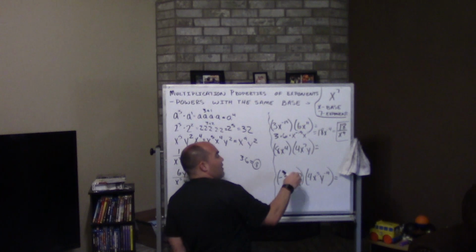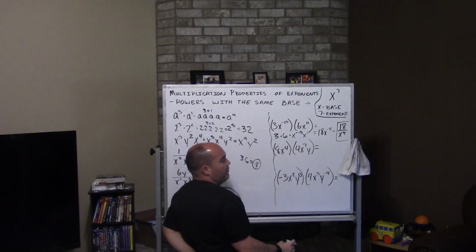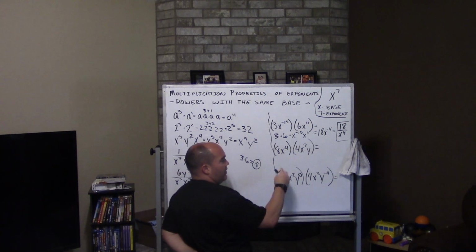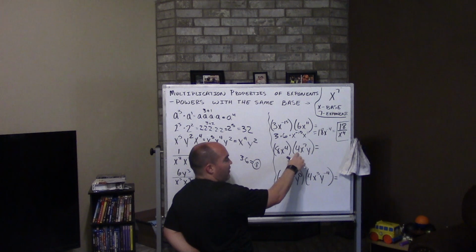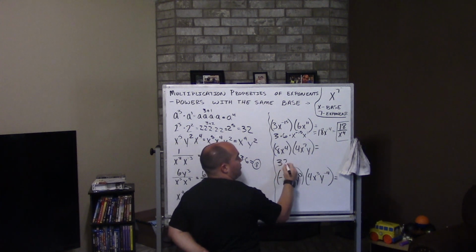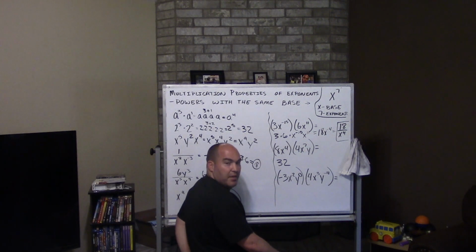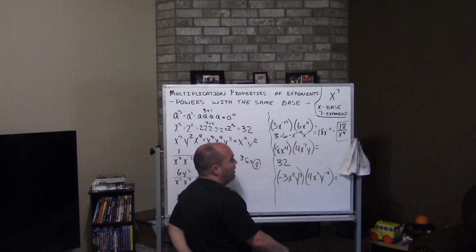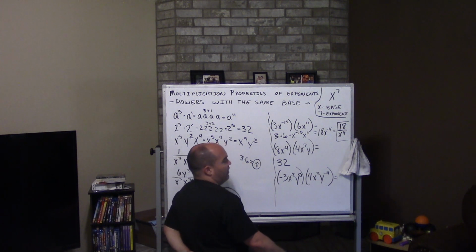Alright? Now, same thing here. We're going to try and do it without rewriting everything this time. I'm just going to do it as we go. So 8 times 4, I'm going to put my whole numbers first. 32. Okay? Once again, if you know your multiplication facts, this is going to be really easy, really simple. If you forgot them and you're having to punch buttons in the calculator, it's going to get tricky for you.